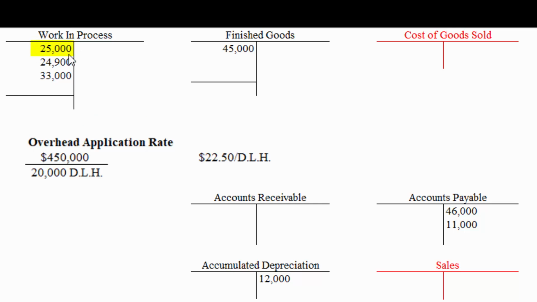In beginning work in process is job number 25, which cost us $25,000 so far at the beginning of January. We've added in the new labor, the direct labor. We've added in the new materials, the direct material. What's left is the indirect labor, the indirect materials, and the other manufacturing overhead. And that's just a guess. Remember, our guess is $22.50 per direct labor hour.